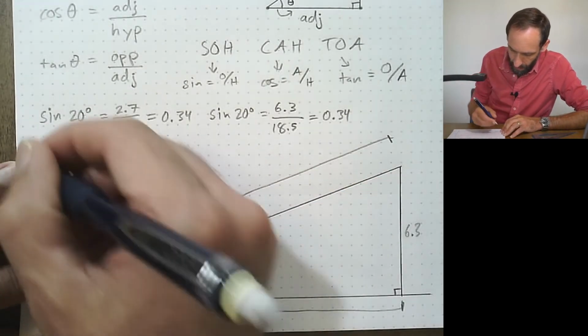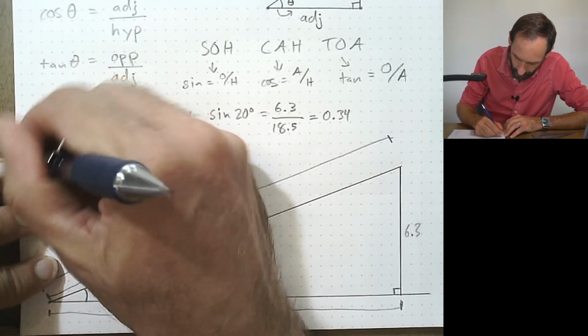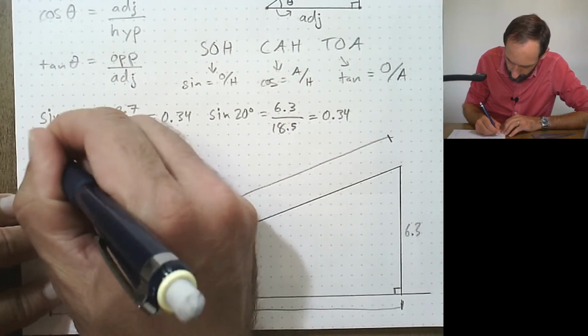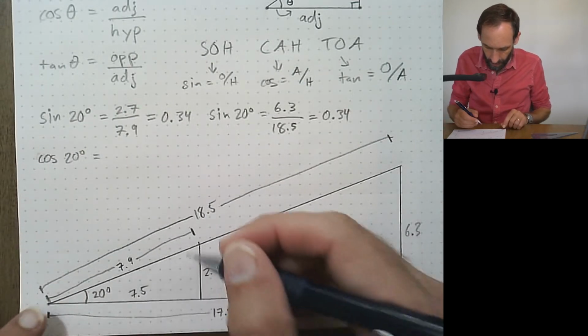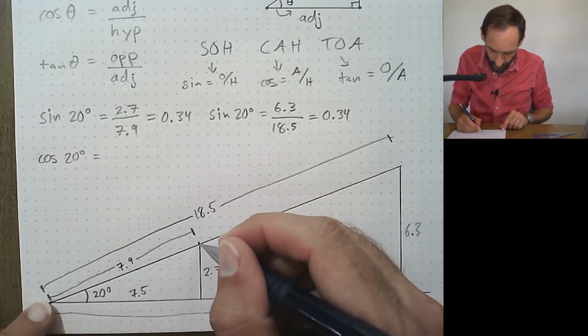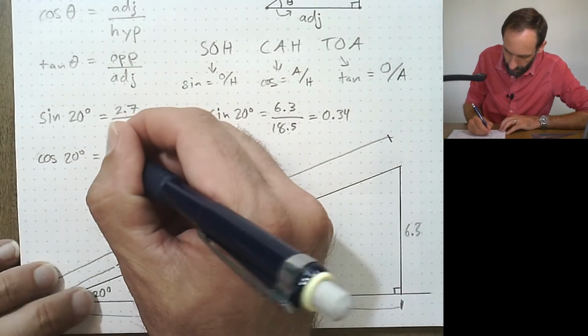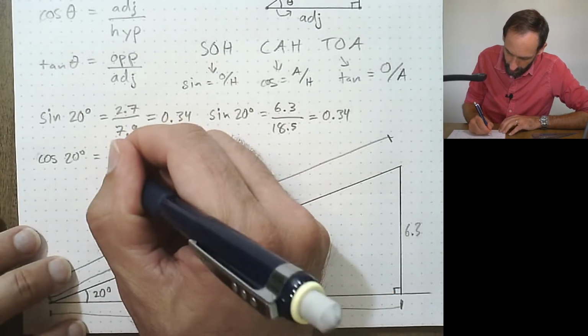Let's go ahead and do cosine as well. So the cosine of 20 degrees is equal to the adjacent. We'll do the smaller triangle first. The adjacent is here, 7.5, divided by the hypotenuse, 7.9.